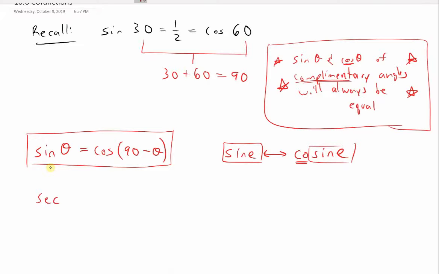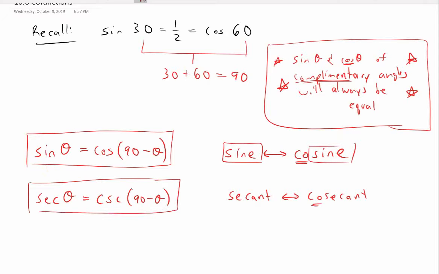Which makes it really easy for us to deduce what the next two pairs of cofunctions will be. For example, secant of an angle, what would secant's cofunction be? Well, it would be cosecant, which means secant of an angle is equal to cosecant of that angle's complement, right? Secant and cosecant, the difference being co. So secant and cosecant are cofunctions.